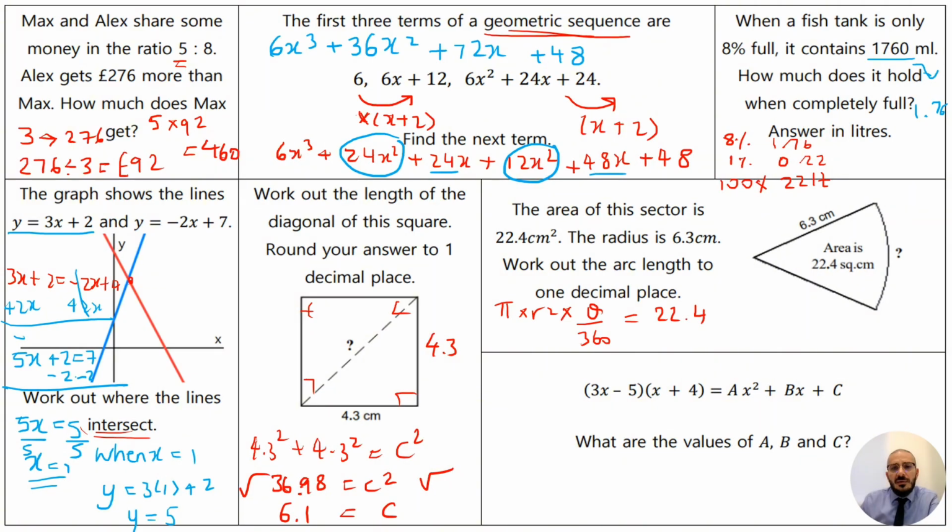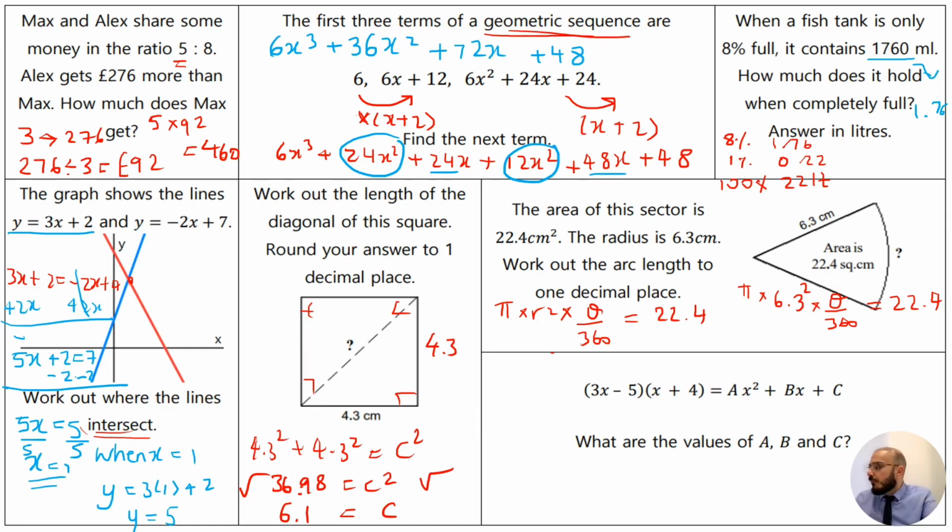then I need to substitute 6.3 in here. So that's going to be pi times 6.3 squared times, let me just write it here. Okay, pi times 6.3 squared times something out of 360 is equal to 22.4.